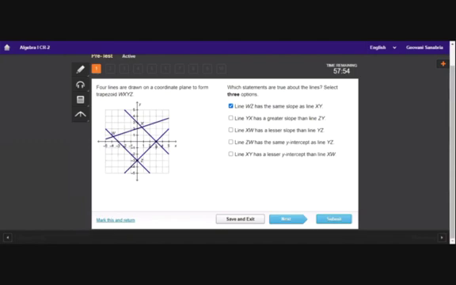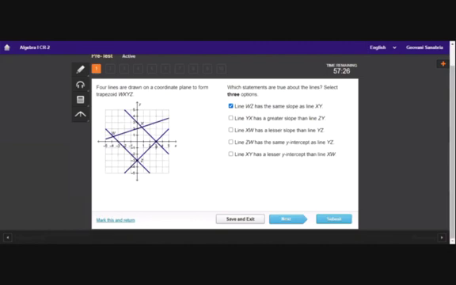So XY is a negative slope. And ZY is going upwards from left to right, so that one's a positive slope. The negative slope can't be greater than the positive slope. So that one's not true.